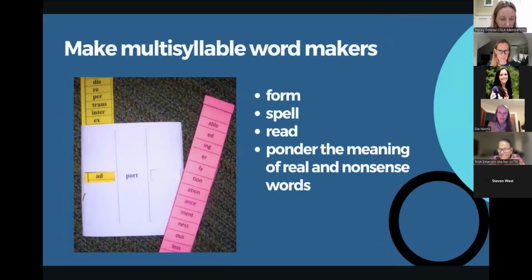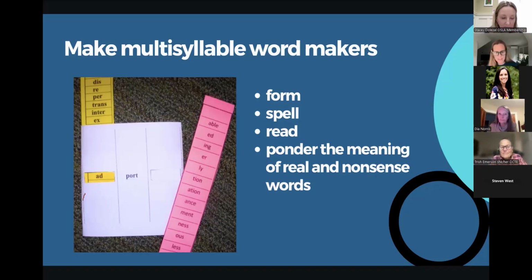This is a multi-syllable word maker where if you have a situation where you can get these made or you can put them on a shelf, then the students can use these. And it's fun to make up nonsense words. Like, for example, what about if we made the word adportous? So port means to carry, right? And ad means to, or toward.